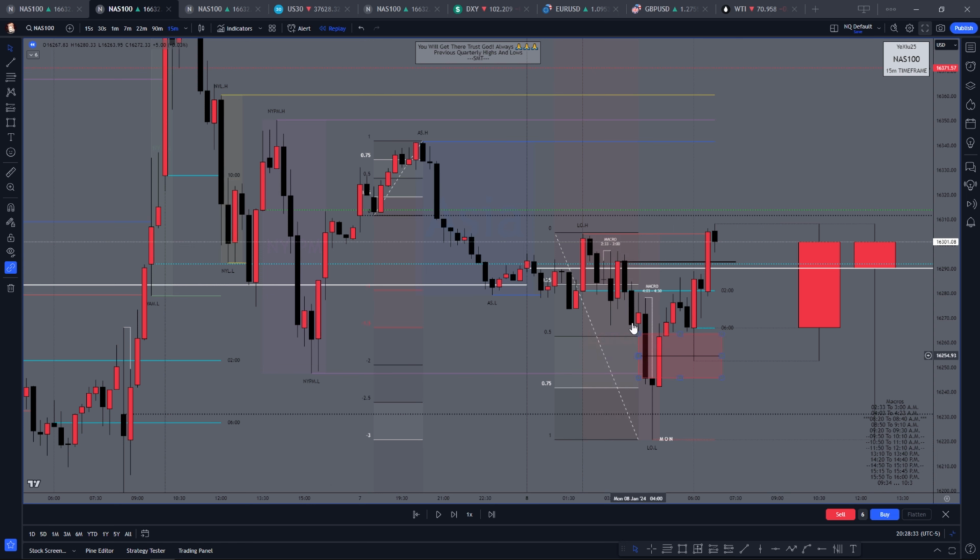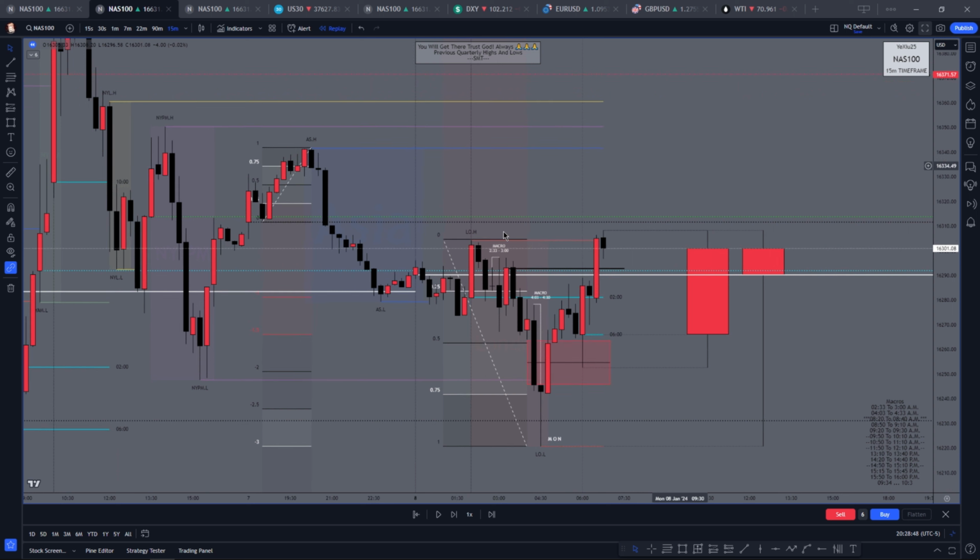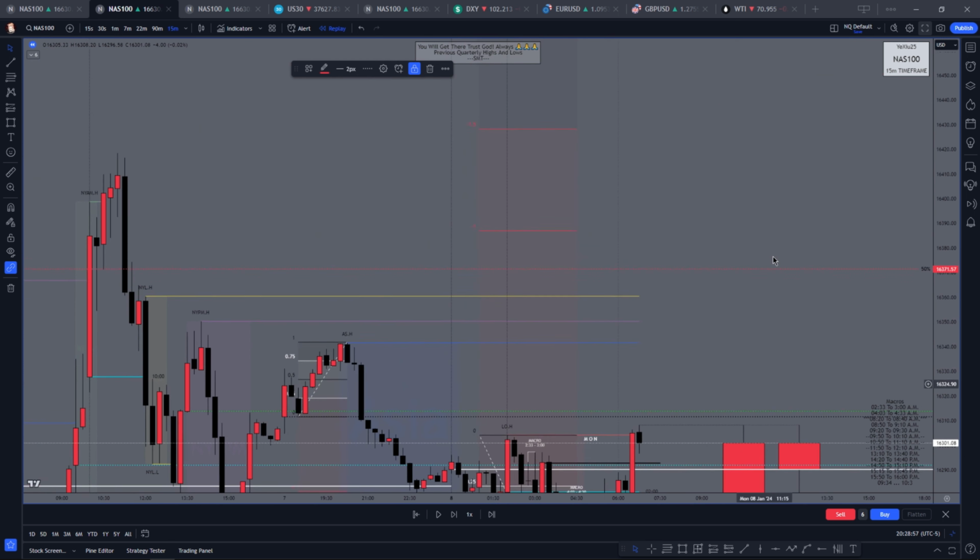So every move down, it's a Judas swing, it's a manipulation. As you can see here, everything here is accumulation, back and forth. So accumulation, manipulation, distribute higher. So now we have, let me adjust this right there, our daily swings to projection higher.